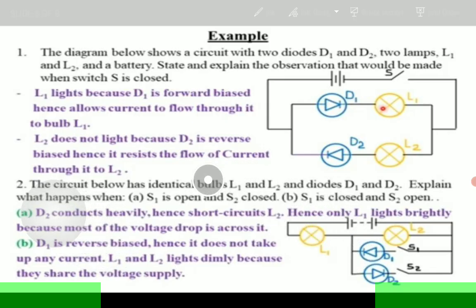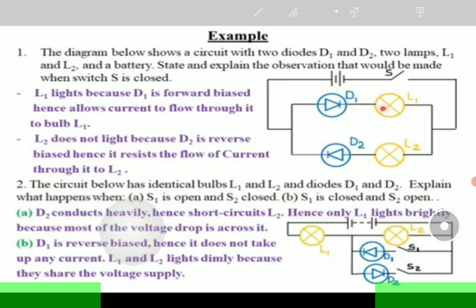Therefore, it does not take up any current. So L1 and L2 light dimly because they share the voltage. So the only circuit through which current is going to flow is this one here.